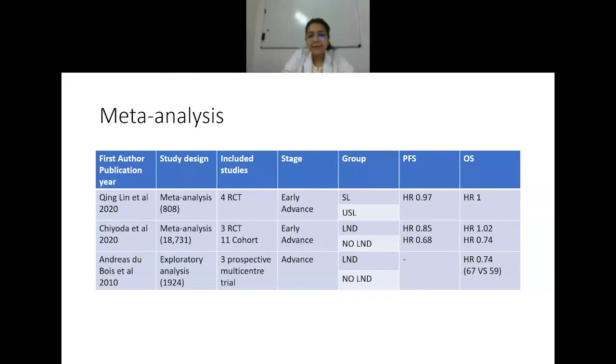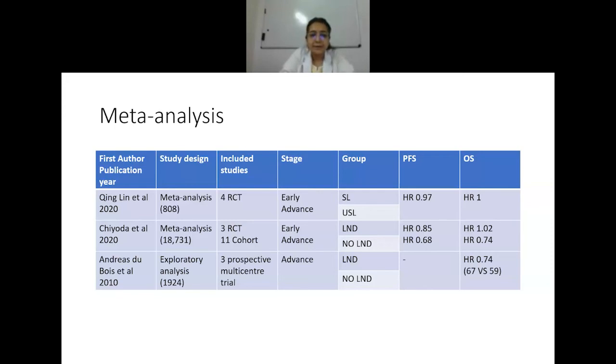When we see the RCTs for advanced, there is no difference in progression-free survival and overall survival. And when we combine these RCTs with the cohorts, we see that there is some benefit in progression-free survival and overall survival.